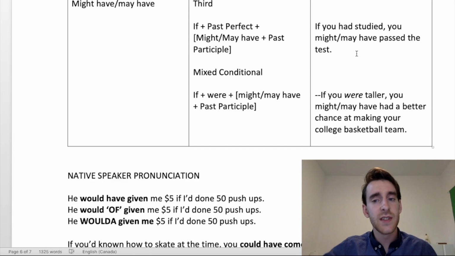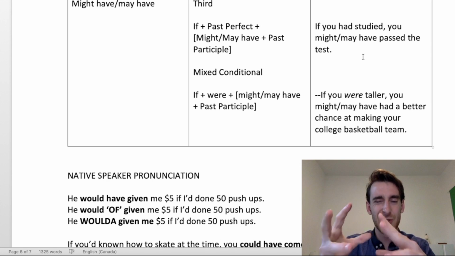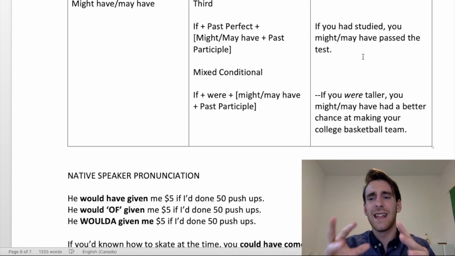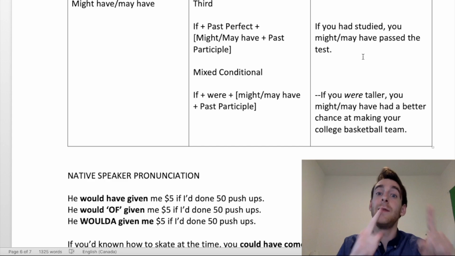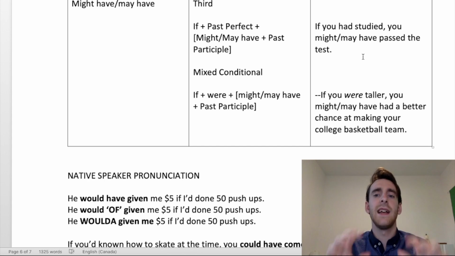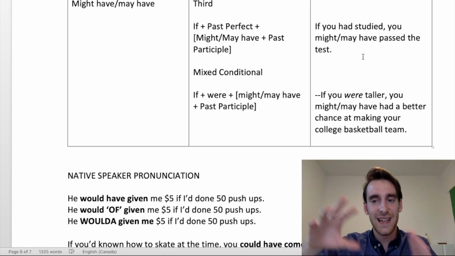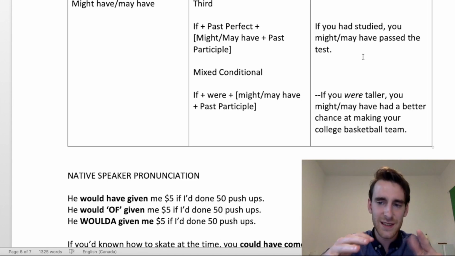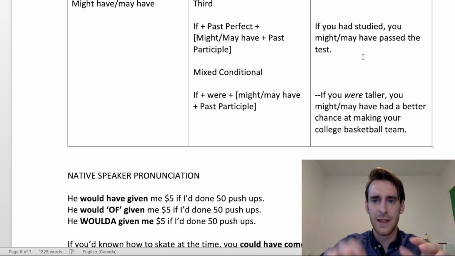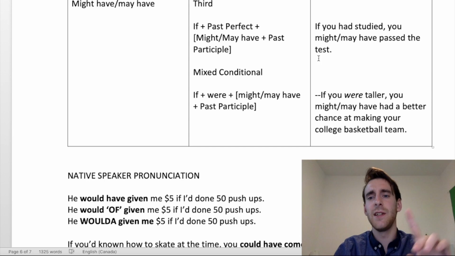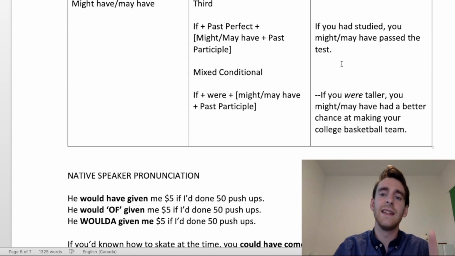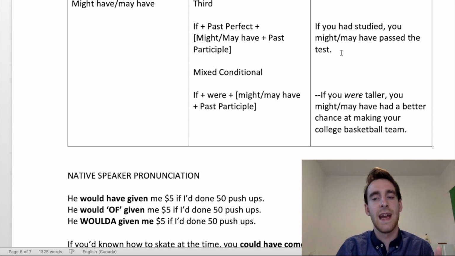If you say, if you'd studied, you would have passed the test, would have, your traditional third conditional, that's saying 100%, right? If you'd studied, you would have passed. Here, we're not so sure. We're saying, yes, it's more likely that you would have passed, but it's still iffy. If you had studied, you might have passed the test is even less sure than may have passed the test.